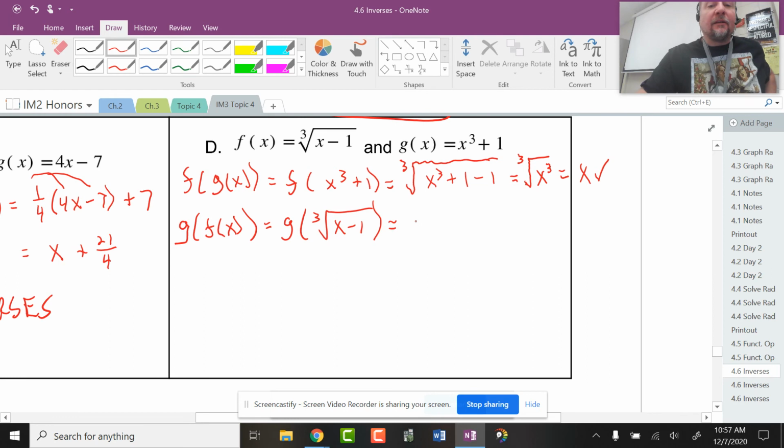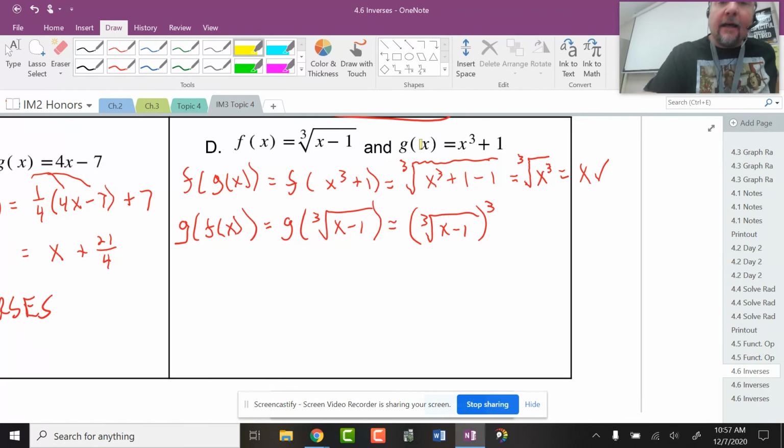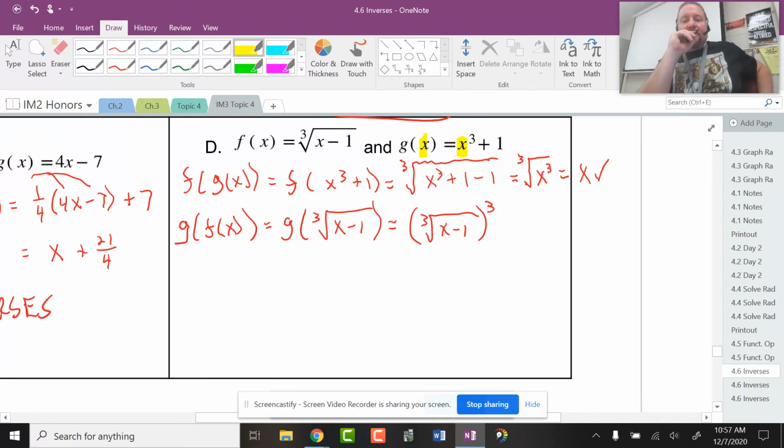Yes, you forgot something. So the quantity cube root of x minus 1 cubed, you forgot something. So wherever there's an x, I replace this x with the cube root of x minus 1. What are you missing?